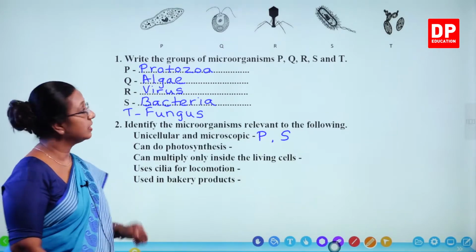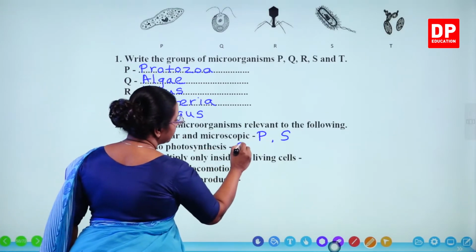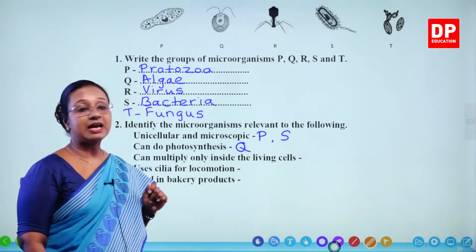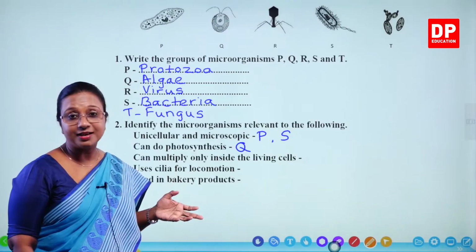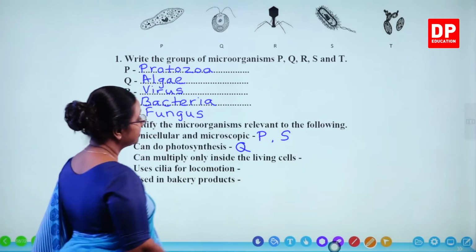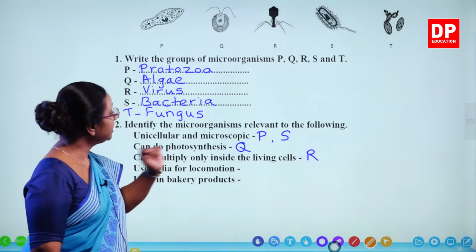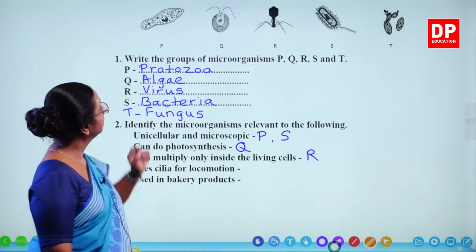Can do photosynthesis. What can do photosynthesis? Algae. So it is Q. Can multiply only inside the living cells. What is that? You are very sure it is the virus. So it's R. Uses cilia for locomotion.